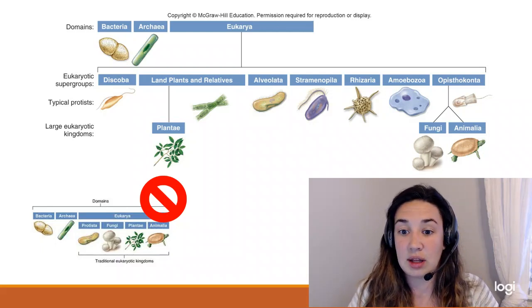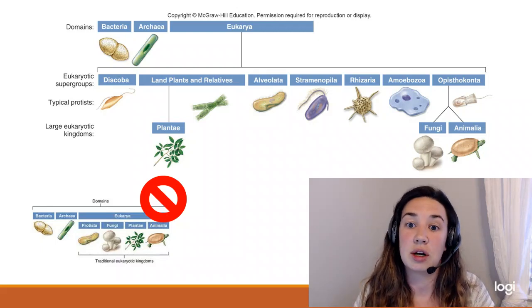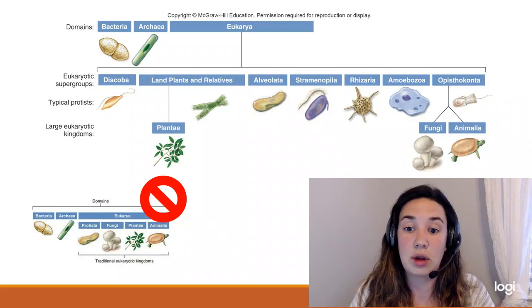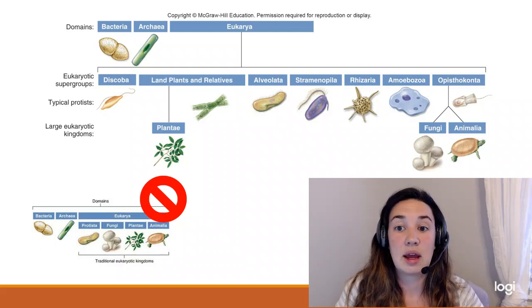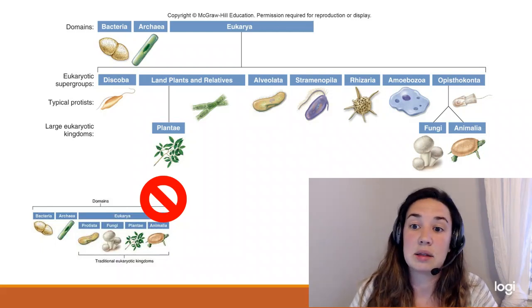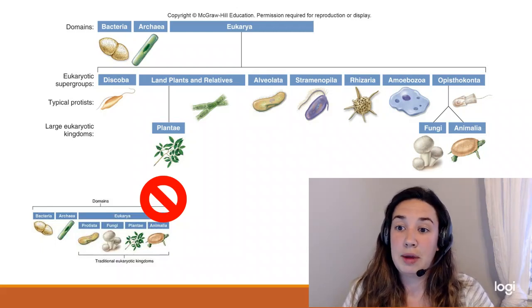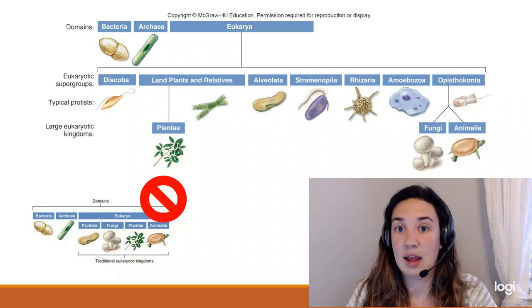Nowadays, unfortunately, or fortunately, they have divided it even larger into 7 subgroups. And so now we have these general eukaryotic groups: Discoba, land plants and relatives of land plants, Alveolata, Stramenopila, Rhizaria, Amoebozoa, and lastly Opisthokonta, which are the fungi and the Animalia.